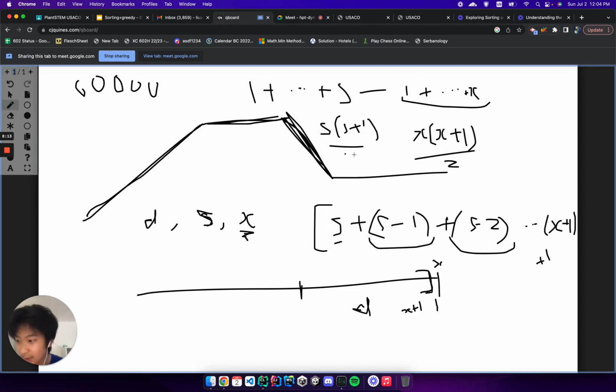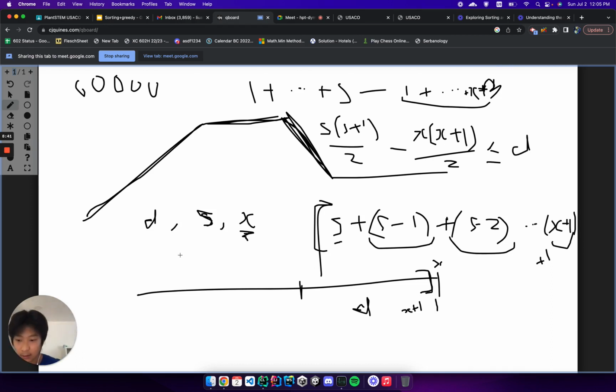So we just have to make sure that this difference is less than or equal to d, and then we'll be fine. Or using this instead, so this would be x plus 1. Oh no, sorry, it would be x because this is x plus 1. But that's the basic idea of it.